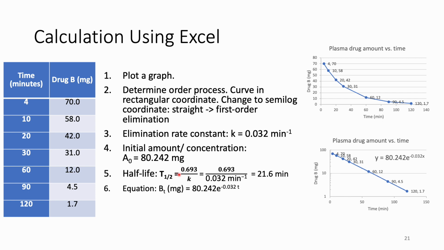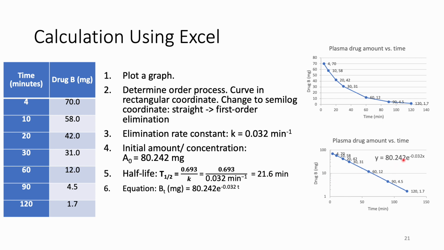The half-life equals 0.693 divided by k, which is 21.6 minutes. Compared with the previous one, about 22 minutes, this one is slightly different. But remember, using Excel is always more accurate than manual calculation.